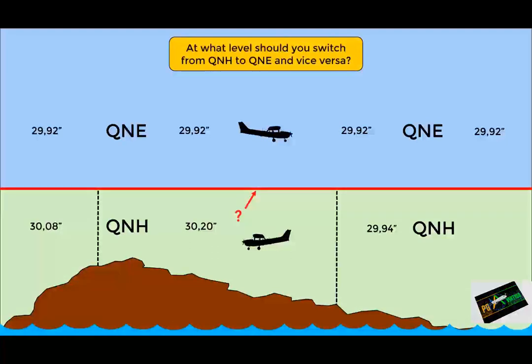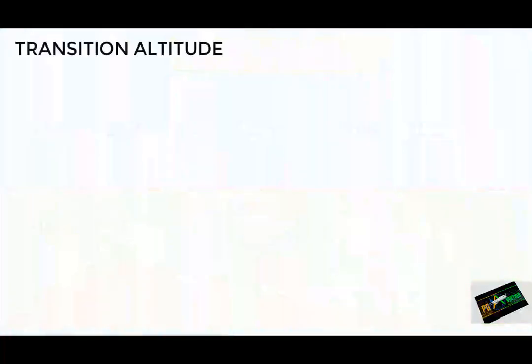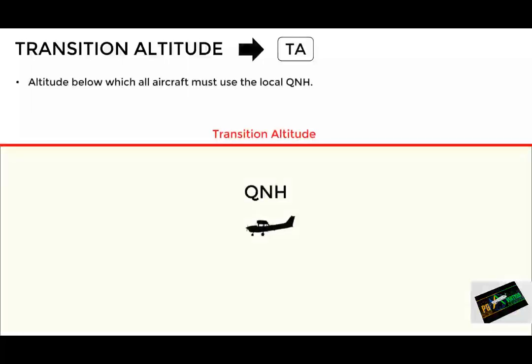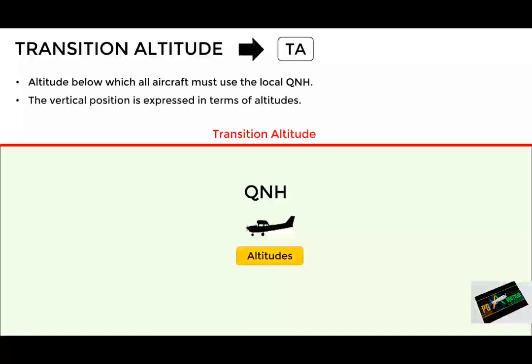Well, to answer that question, we have to introduce a few concepts. The first one is the transition altitude, abbreviated as TA. This is the altitude below which all aircraft must use the local QNH and therefore express their vertical position in terms of altitudes. Then, we have the transition level, abbreviated as TL or TRL.